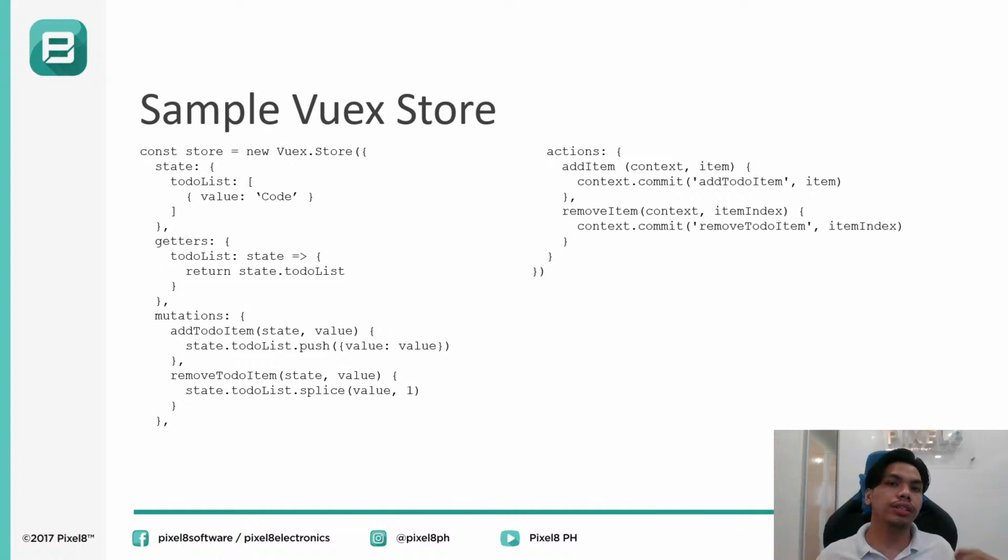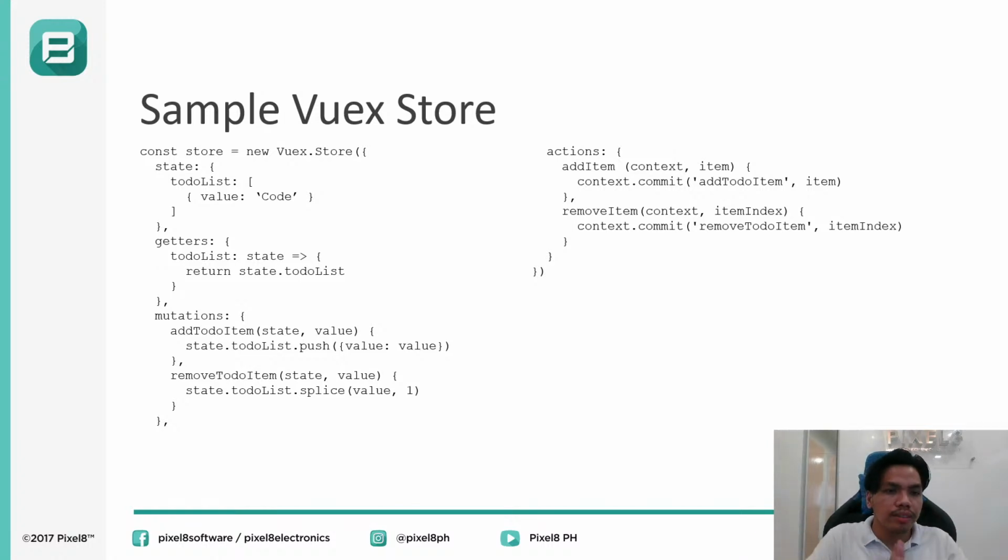So here is a sample Vuex store. As you can see, you simply declare a new Vuex store, and then you list the state, getters, mutations, and actions. Again, to re-emphasize, state contains the application level data, so you store your data inside a state.